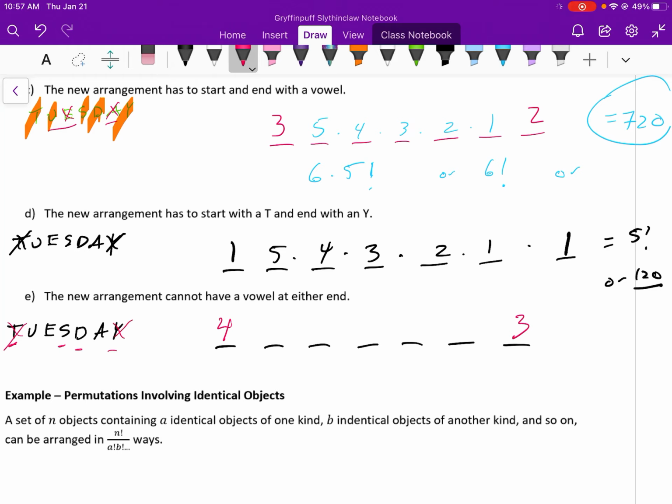So at this end, there are 4 choices. I'm going to eliminate one of those. At the other end, that takes out another consonant. And then I'm going to place the other letters. So now there are 5 choices for the second letter, 4, then 3, then 2, then 1.